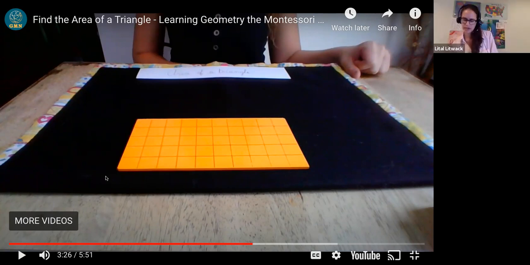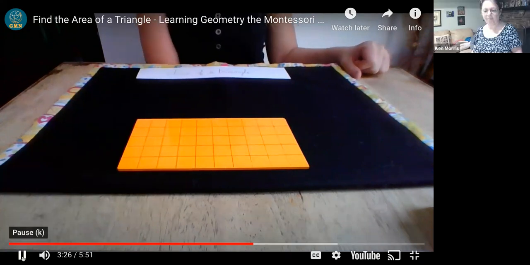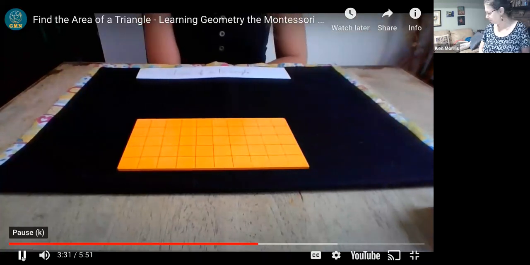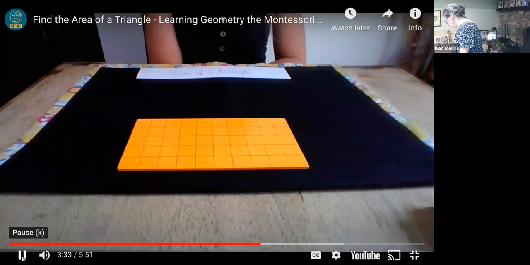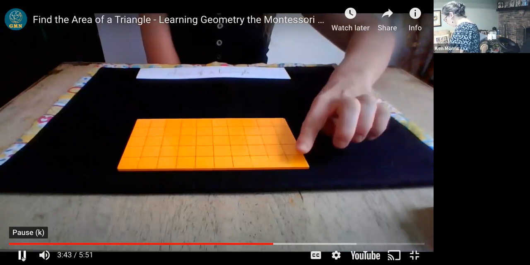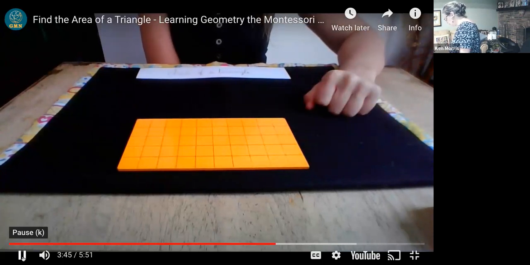And I multiply it by my height, which is now 5 squares because I'm taking half of my height. And that gives me 50 square units. So another way to find the area of a triangle is multiplying base times half of the height.